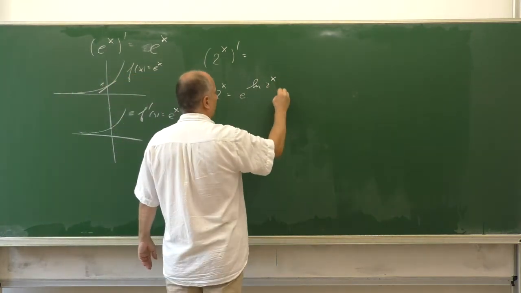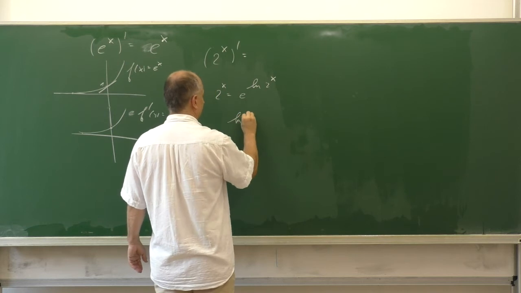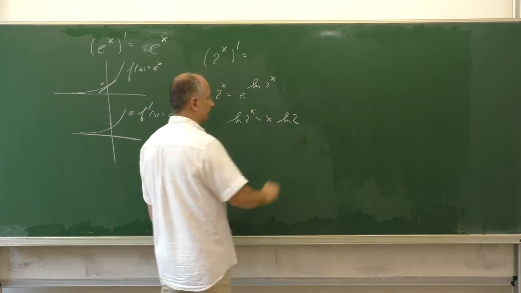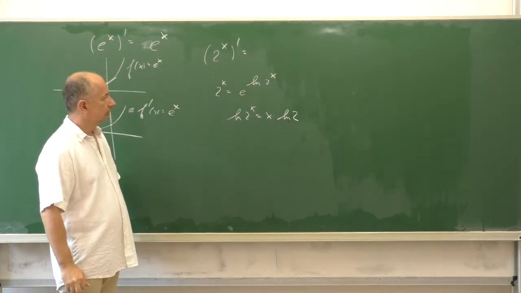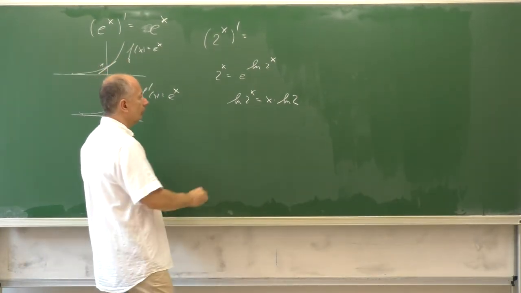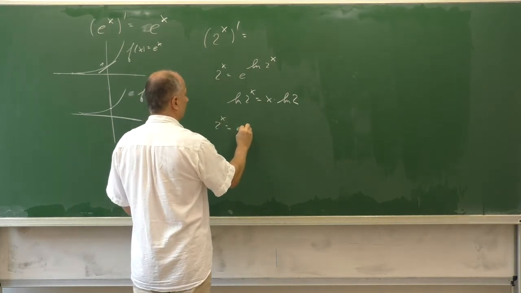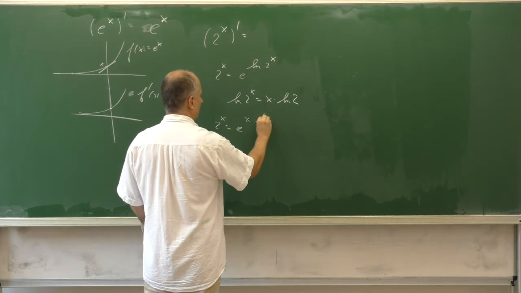But logarithm of 2 to x can be written as x times logarithm of 2. So 2 to x can be written as e to x times logarithm of 2.